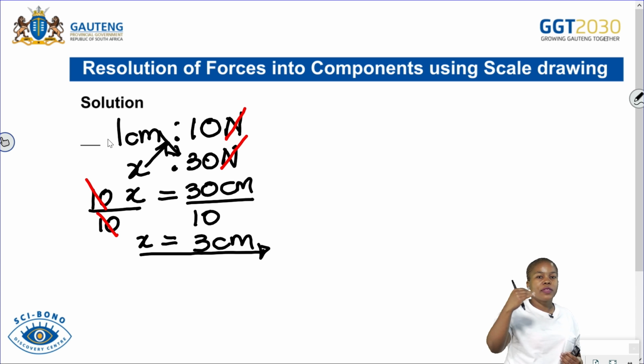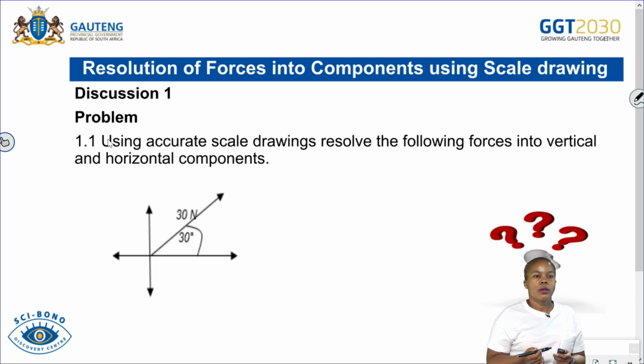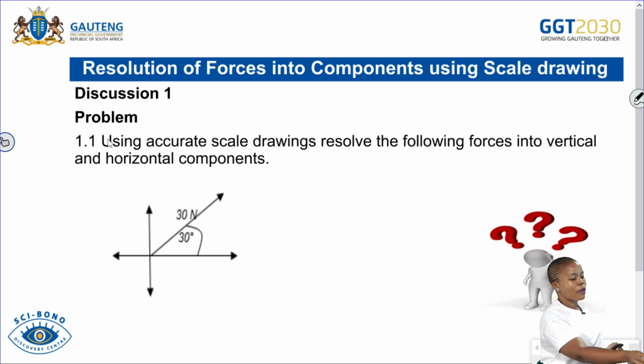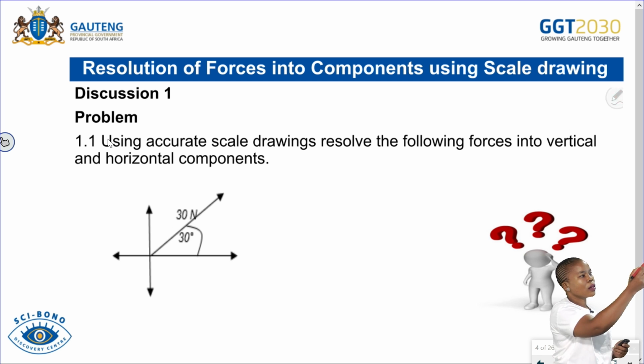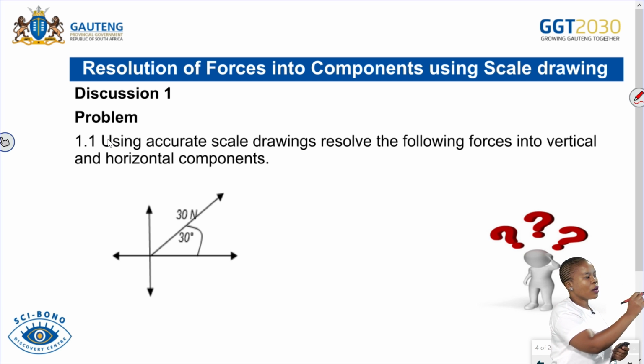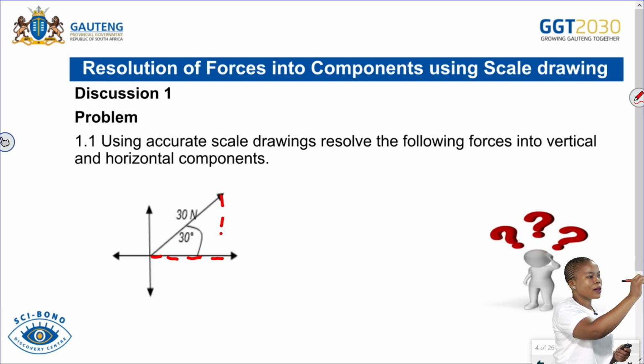Now we know we need to draw 3 centimeters in a northeasterly direction. Looking at the diagram, remember what the question said: we need to resolve this into the vertical and also the horizontal component. Meaning, from this original force we need this horizontal and this vertical.